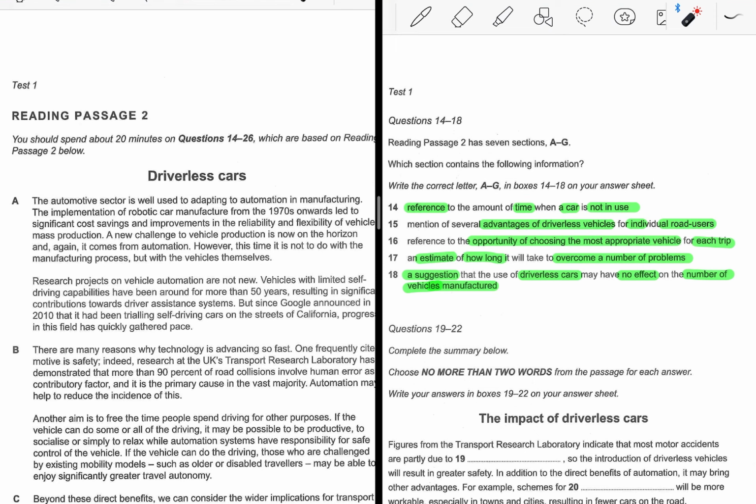We will start from paragraph A. But there is no such information that matches the questions.